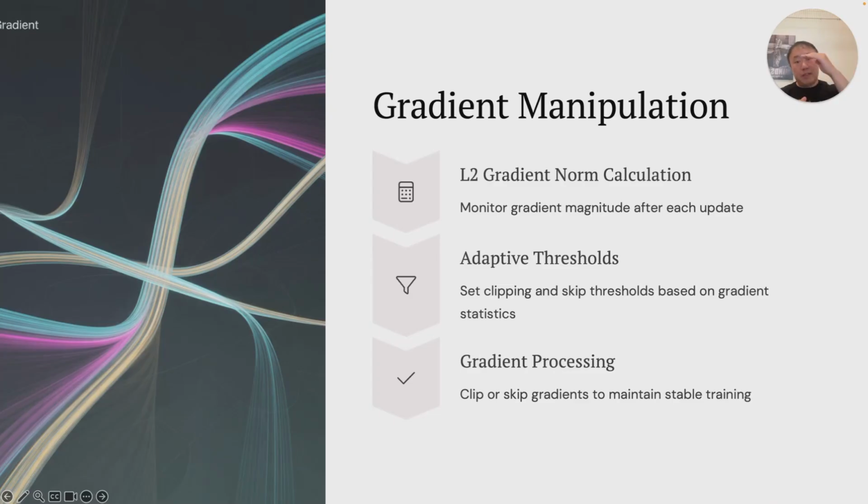But if it's above even the skipping threshold, we're going to skip that particular update because the gradient is too large. Okay, so that's gradient manipulation. With this strategy, our method can successfully combine the self-conditioning with real longitudinal data and achieve a much better result, as I will show you next.